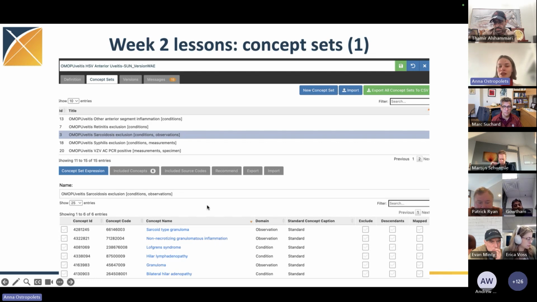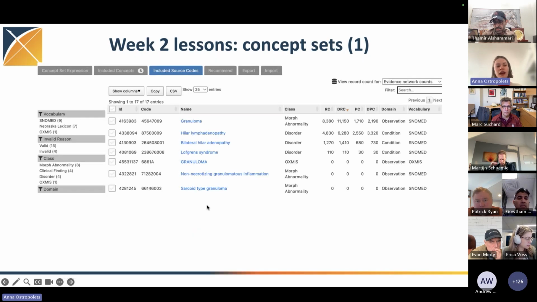But if you look at the included concepts, you in fact would see here the list of the SNOMED and OXMIS terms that are included as source codes into this concept set. And on your left side, you can see in the vocabularies that there are no ICD-10 or ICD-9 codes, which we commonly look at.